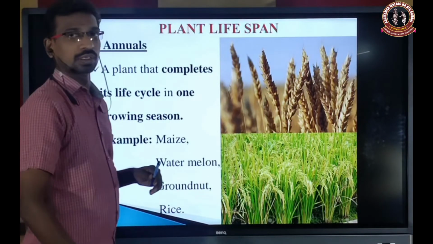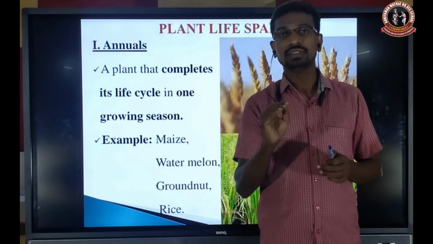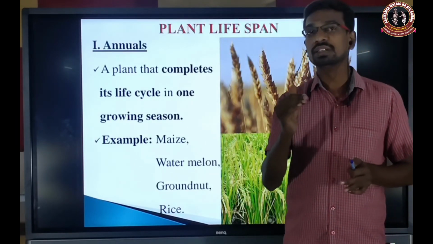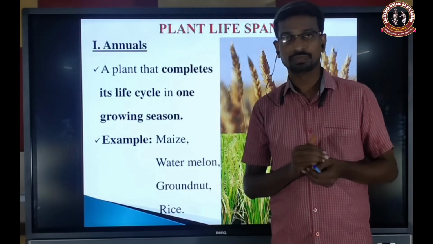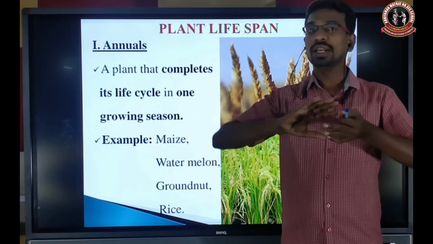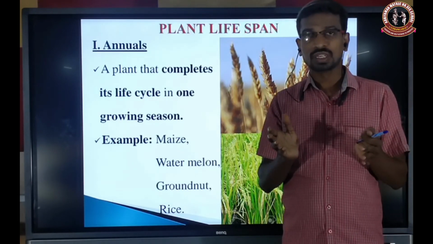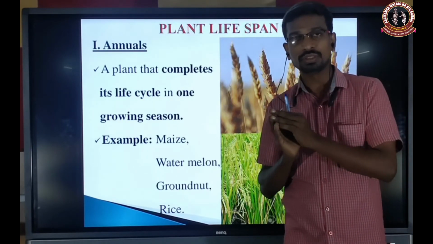First one, annual. Listen. Here the plant completes its life cycle within 1 year or one season. Within that year or season, they grow vegetatively and reproductively. After they give the fruit, it will be done.